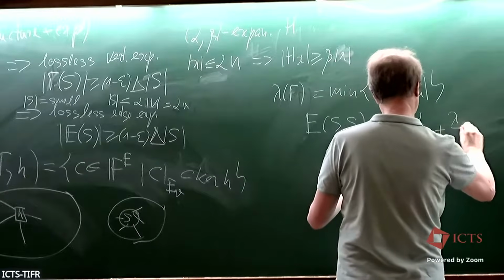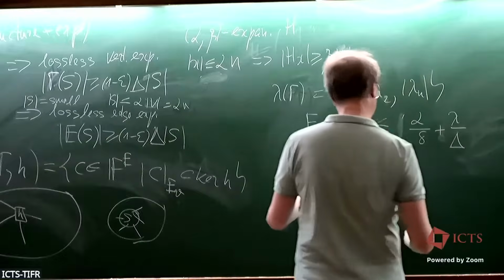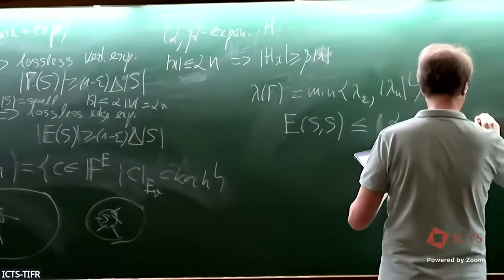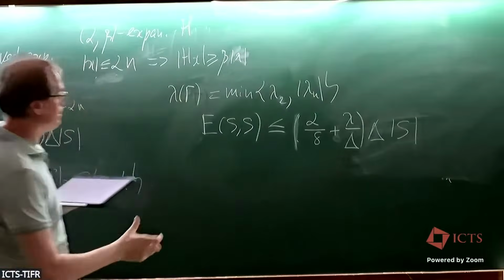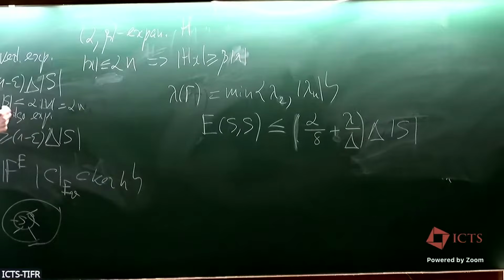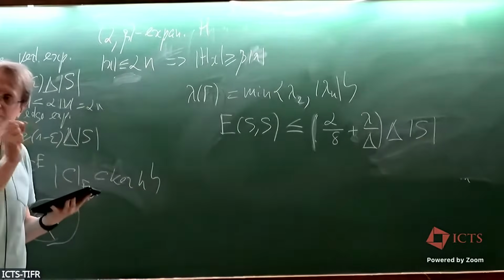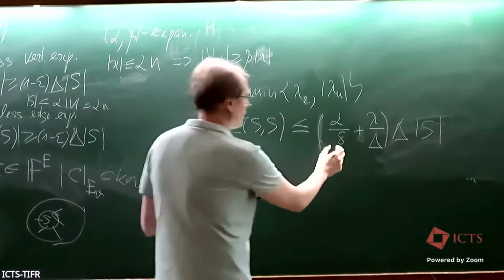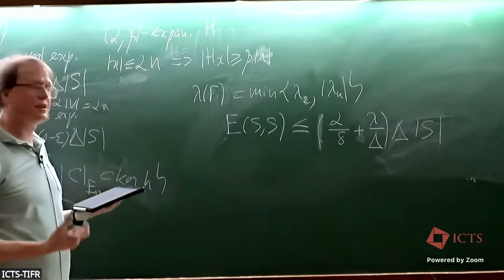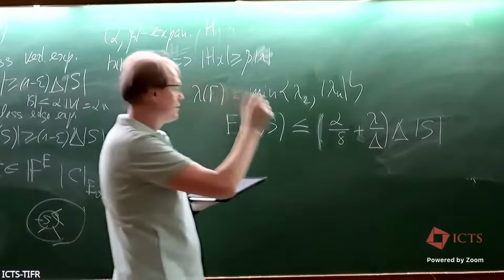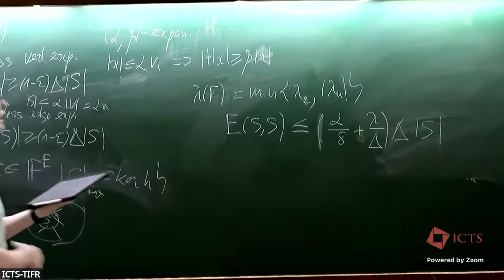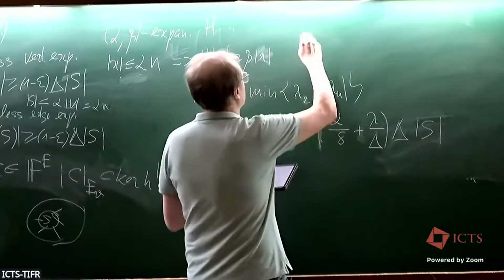So we have this kind of estimate from the mixing lemma. Here alpha is a parameter that controls how small this set S is, and we can make it arbitrarily small. This is just an exercise: you can derive this bound using the mixing lemma. Here lambda is our spectral gap, and here delta is the degree of the graph.